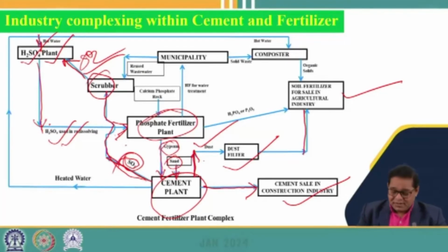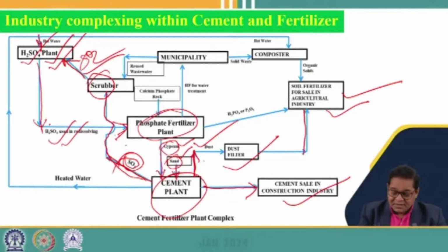Most of the raw material required, like sand and gypsum, we are getting from the fertilizer plants, and whatever waste is generated is used either in agriculture or as a raw material for generation of H2SO4 in the fertilizer plants.